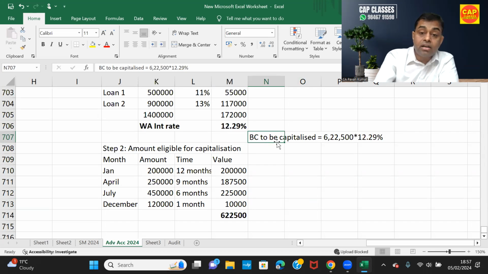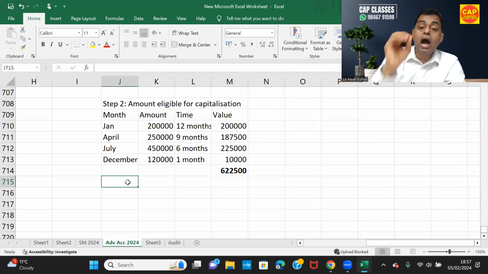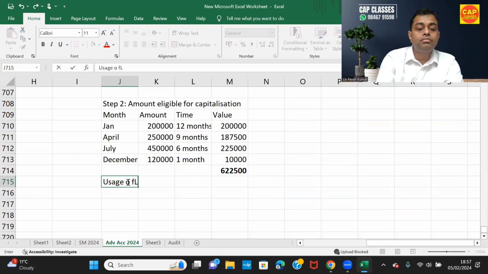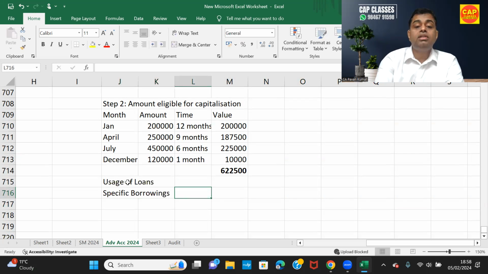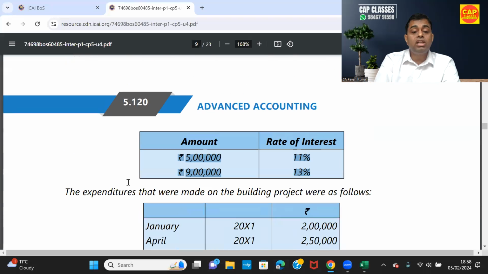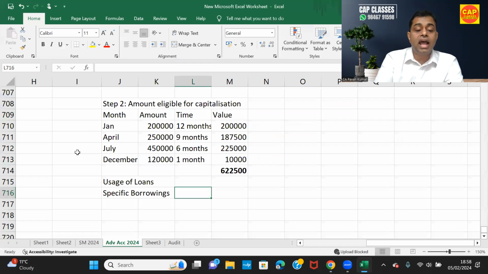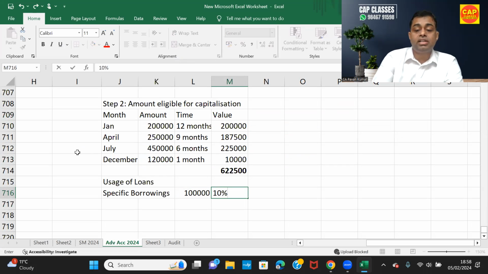But for this 6,22,500, how did you use loans? Usage of loans. First, you have specific borrowings. What is the amount of specific borrowings? 1 lakh. So this carries 10% interest.